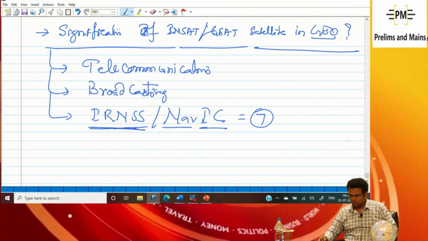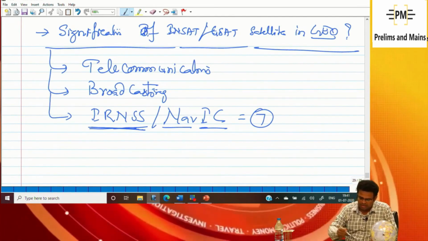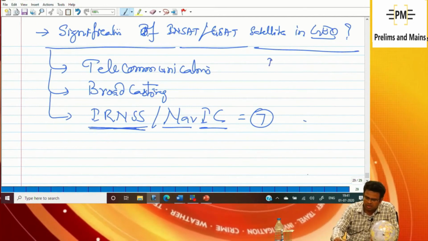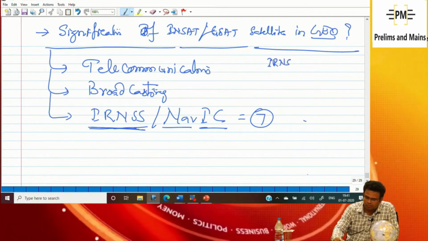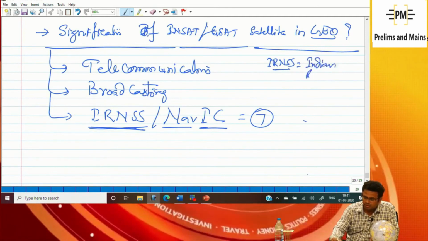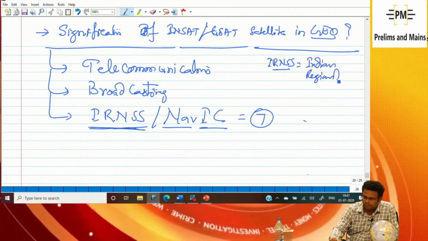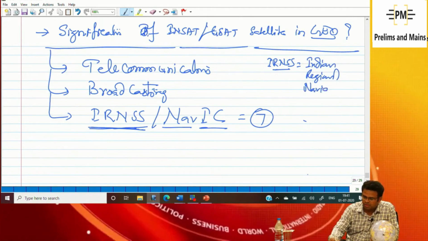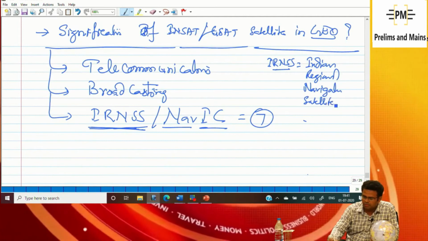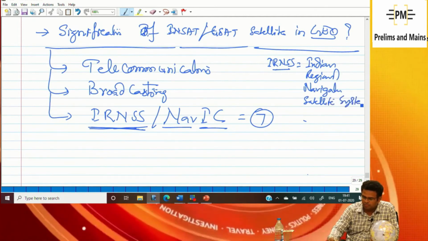So IRNSS, if I give the definition, its full form is Indian Regional Navigation Satellite System.